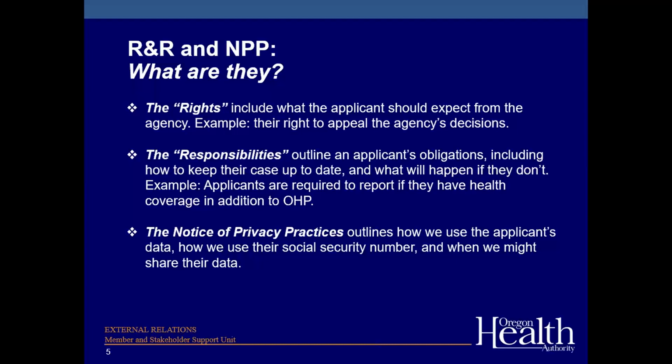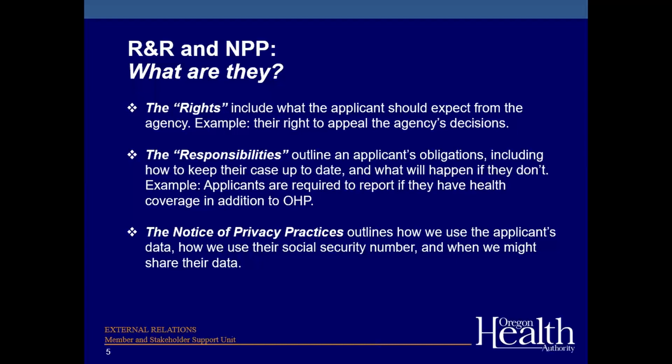So applicants need to know all of their responsibilities that they're signing to so that they can be in compliance with what the system requires. And then the notice of privacy practices outlines how we use the applicant's data. For example, how we use their social security number and when we might share their data.